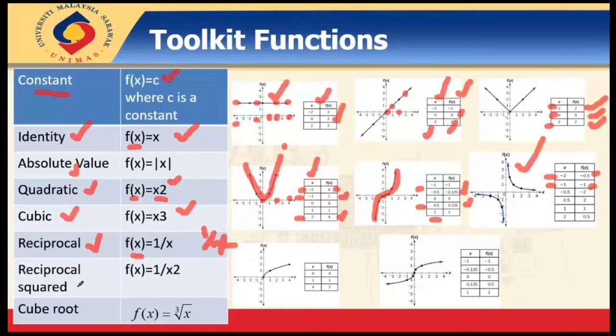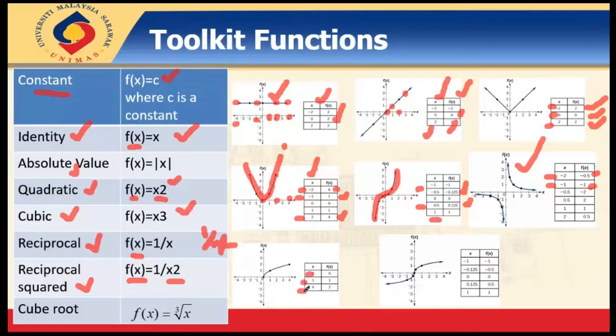And the reciprocal squared is just 1 over x square. Any input, the output will be 1 divided by the square of that input, and it will be like this. Let's suppose 0, it will be 0, 1 will be 1, no problem.